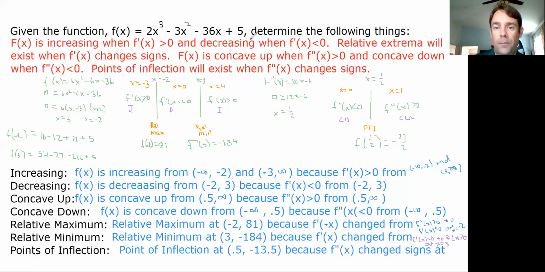And the point of inflection: f double prime changes signs at x equals 0.5, or 1/2. Whew, we got it all in there.